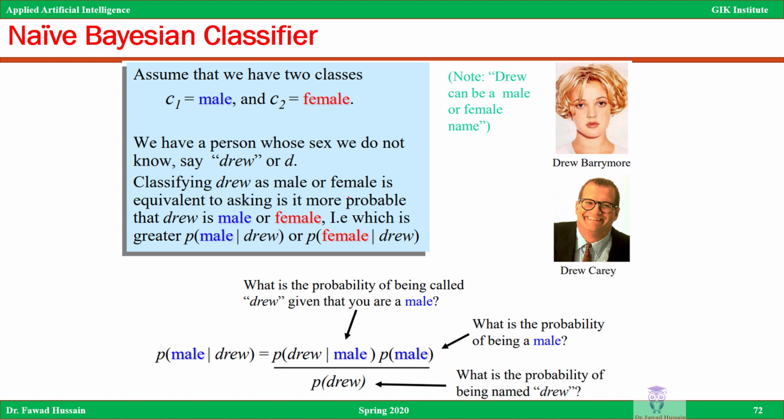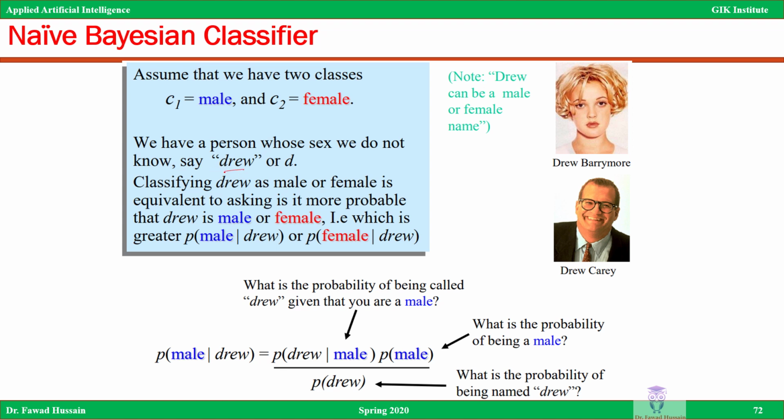A few of these slides have been taken from the University of California at Riverside, and this is one of those slides. I've given the reference in the title in the first page of the slide, so you can see that if you like the details. This is a very good example, and it's trying to predict a person. Assume that we have two classes, C1 is male and C2 is female. We have a person whose sex we do not know.